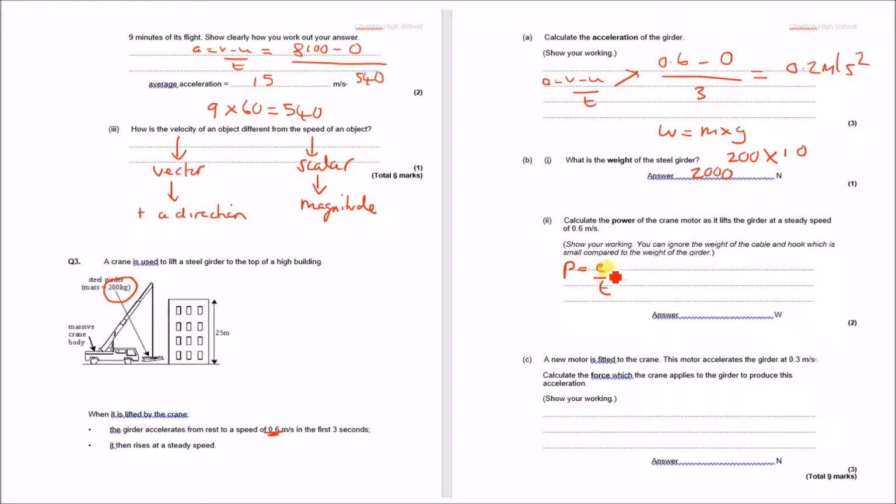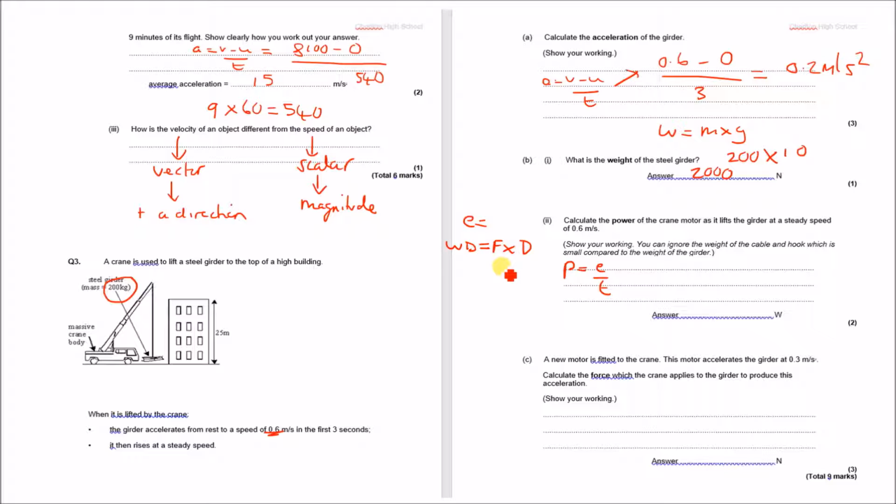So we need to work out the energy, and the energy is going to be equal to the work done. Now how do we work out the work done? Well, we've got a force here, and energy, which is work done, is equal to force times distance. Okay, so we need to know that the distance moved is 0.6 meters.